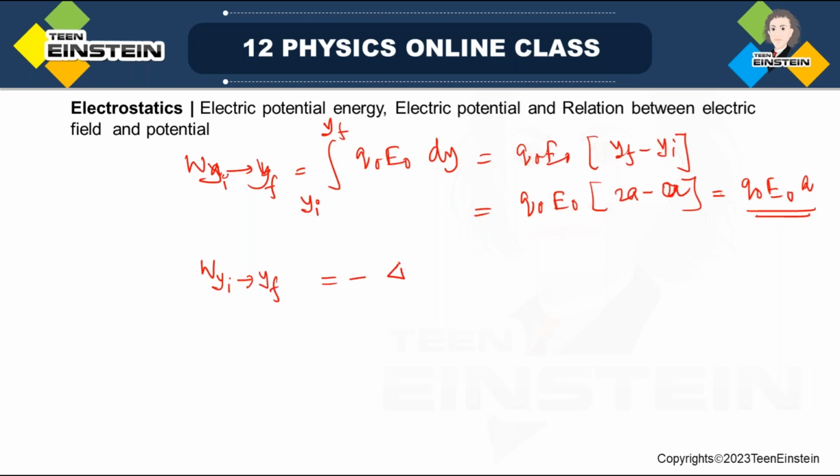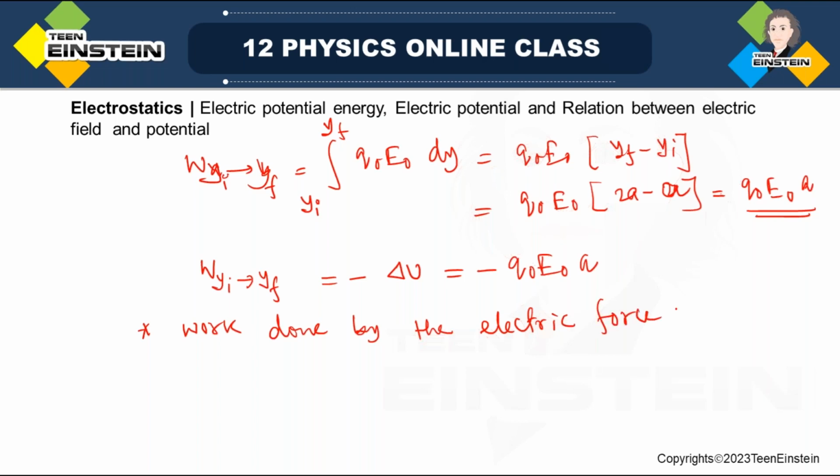It is related as work done equals minus delta U. So this is Q0 E0 A. Here we can see the work done by the electric force or electric field is positive, and hence the potential energy is decreasing.